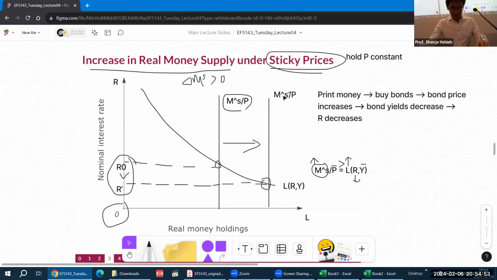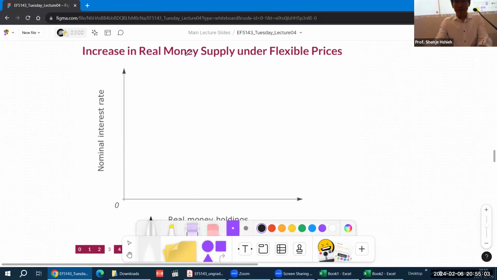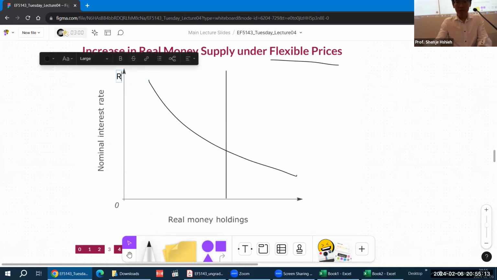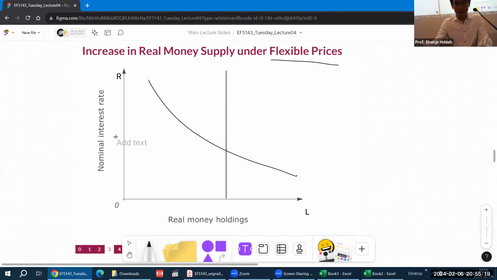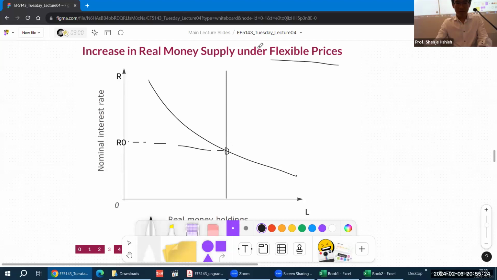So what happens when we have flexible prices instead of sticky prices? As I already said, nothing happens, right? So let me quickly do it again. We have R, L, R naught. You just have to know what happens.